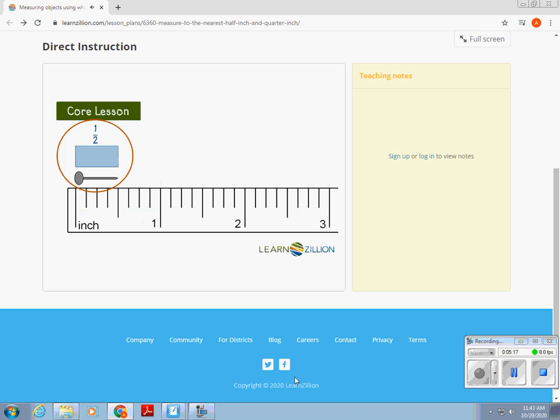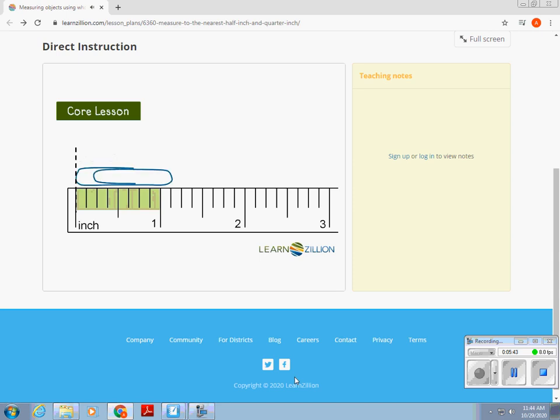This nail is 1/2 inch long. This nail is 1 inch long. This paperclip is 1 inch long, and this paperclip is 1/2 inch long, because one part of the blue bar is filled in.